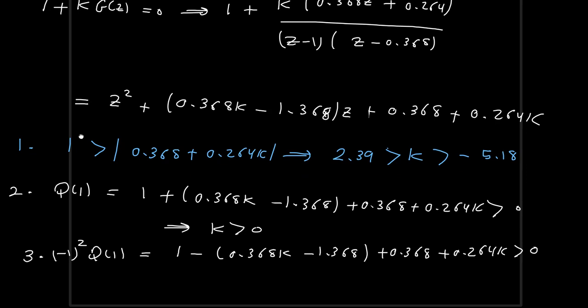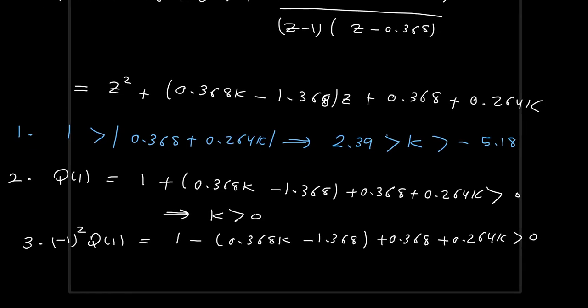Now, from this condition, we can reach 2.736 minus 0.104k greater than 0, which implies that k must be less than 26.38.